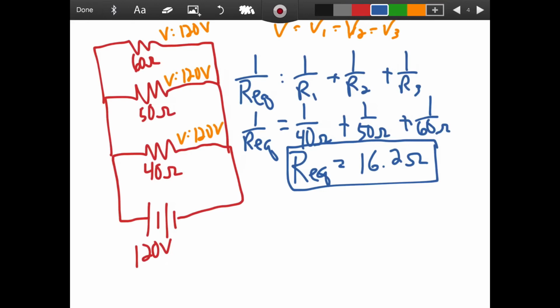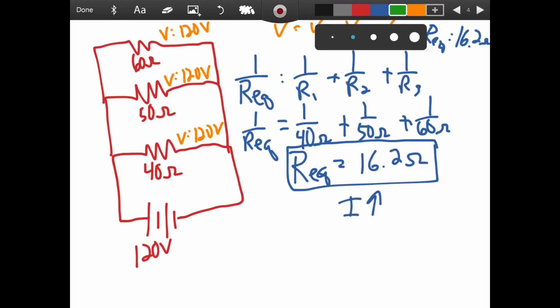So now that we have the equivalent resistance, let me write that up here. You can see this is a lot lower than the series circuit. So by constructing resistors in parallel, the resistance goes way down, which means the current is going to go up. And to solve for current, I'm going to use Ohm's law.